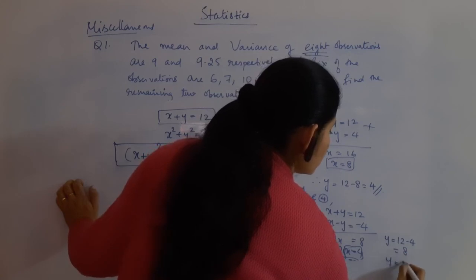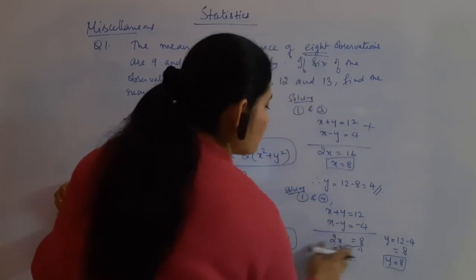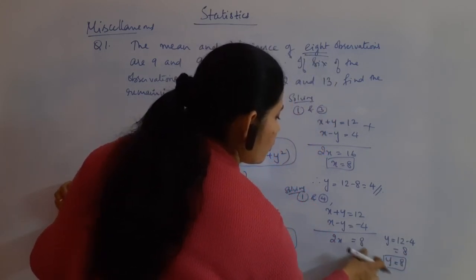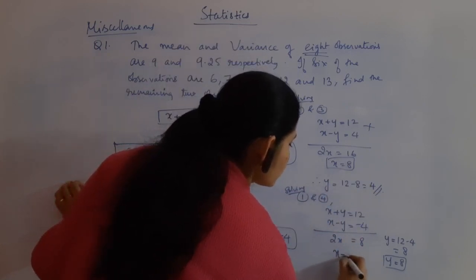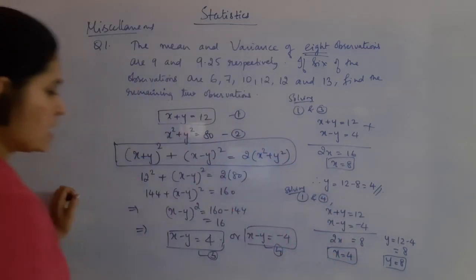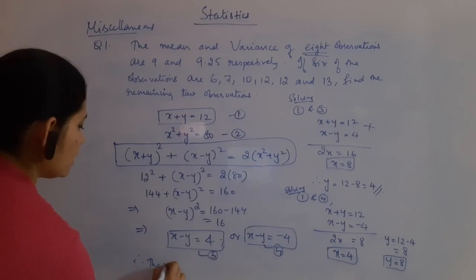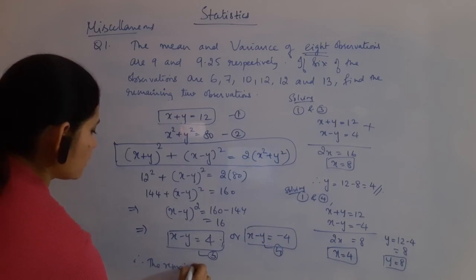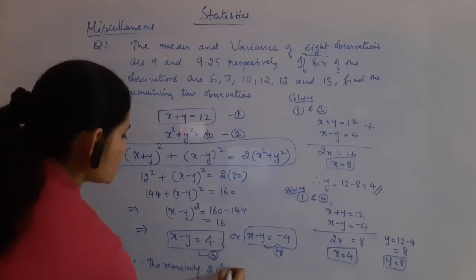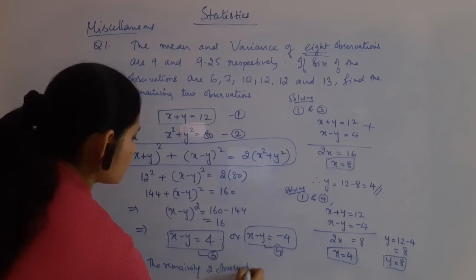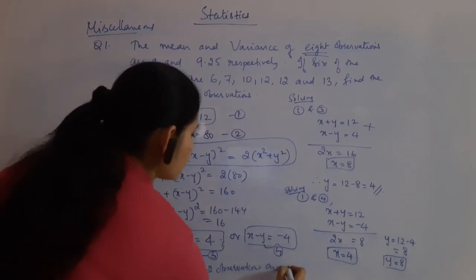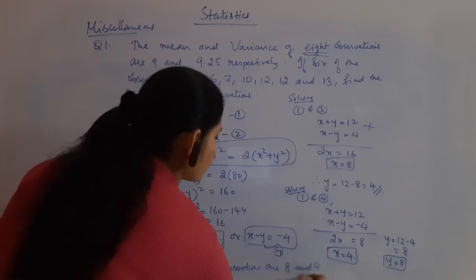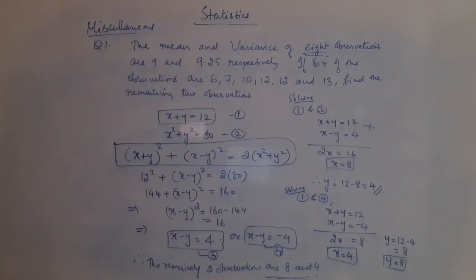So y is equal to 8. So the two numbers which you have will be 4 and 8. In both the cases you are having this. Therefore, you can say the remaining two observations are 8 and 4. Order doesn't matter, you have to get only two values. So those two values are 8 and 4.